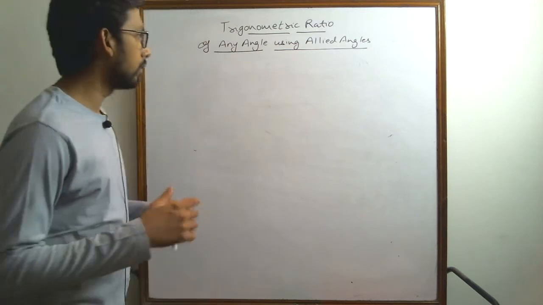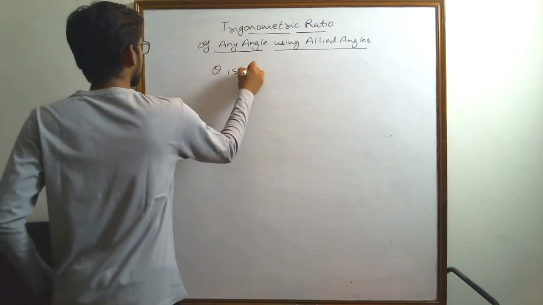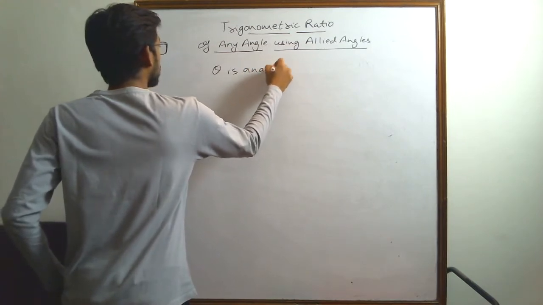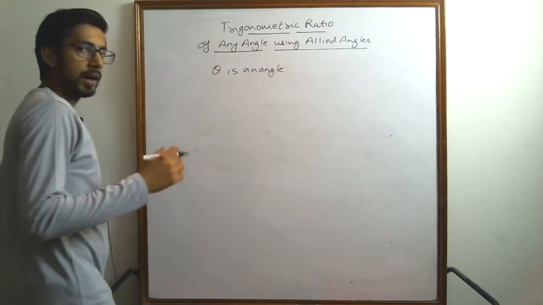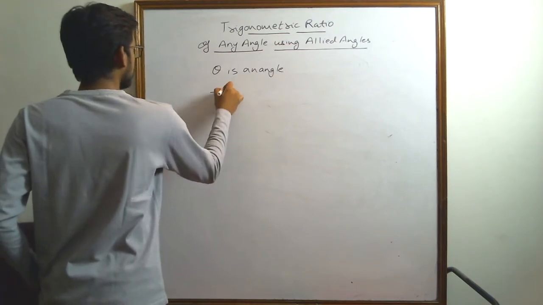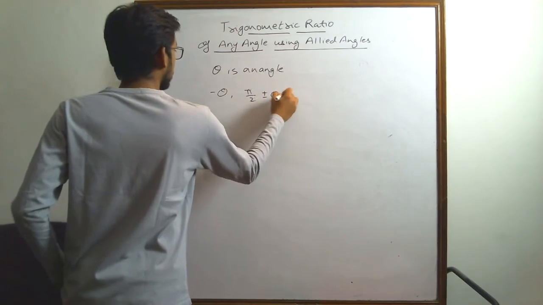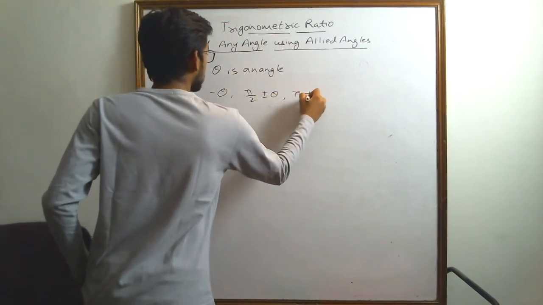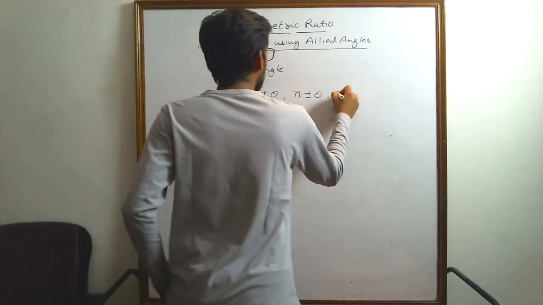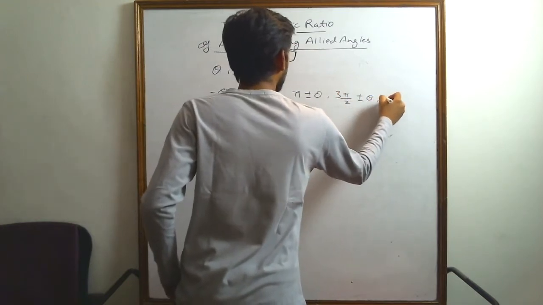Okay, so what are allied angles? Say theta is an angle, then angles of the form minus theta, or pi by 2 plus minus theta, pi plus minus theta, 3 pi by 2 plus minus theta, and so on.